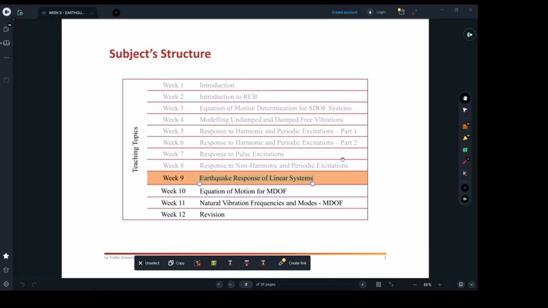As we change those properties, we're going to be recording some data, and that data is the maximum response we got from each case. Then from there, we're going to plot what we call spectra. We're going to plot a number of spectra that the designers, or you as designers, can use to determine the design parameters, for example, the displacement, the acceleration, etc.